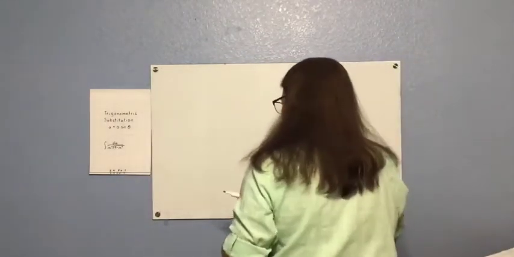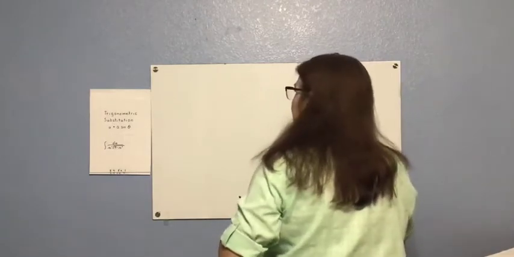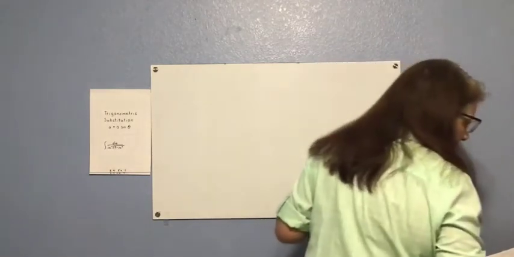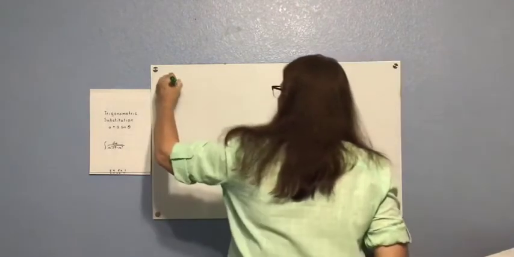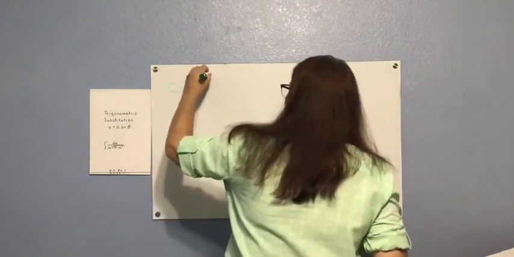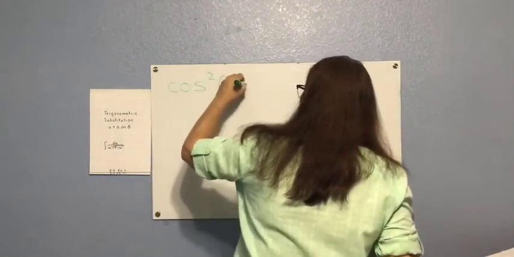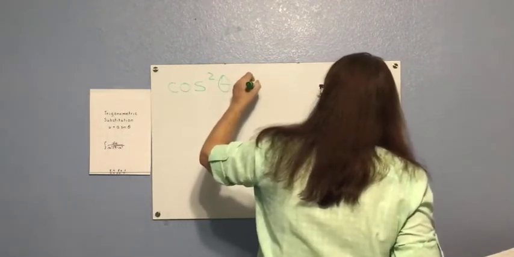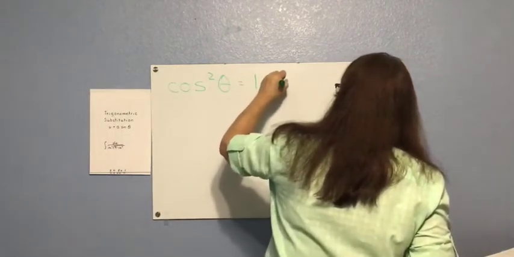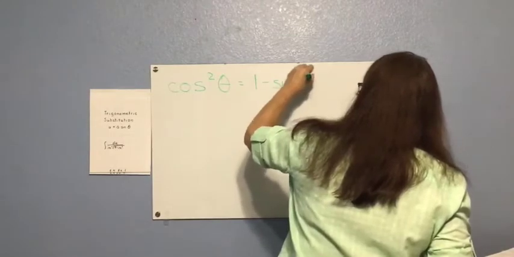Here are 3 trigonometric identities that we can use. The first one, cosine squared theta is equal to 1 minus sine squared theta.